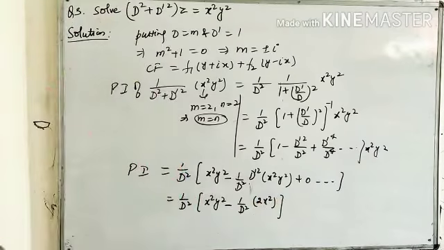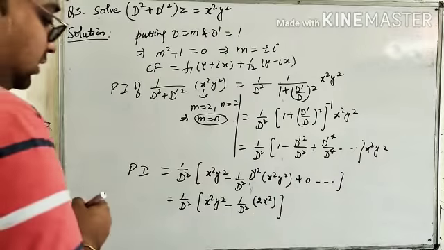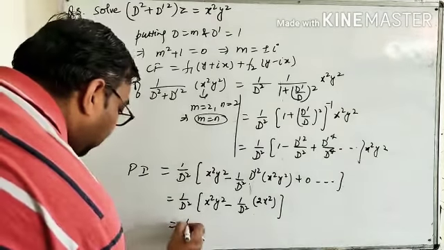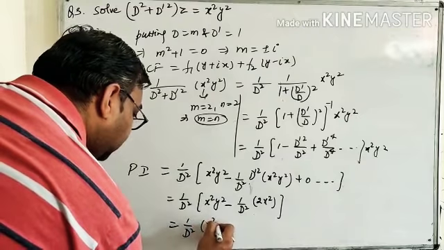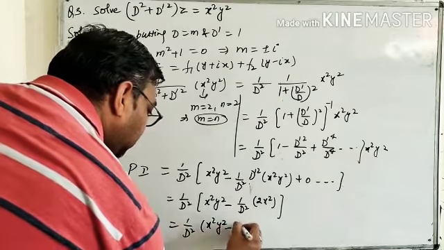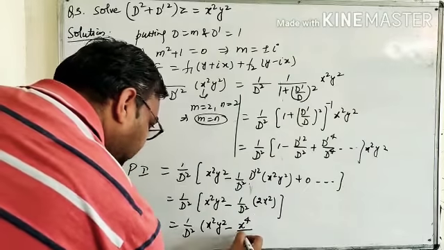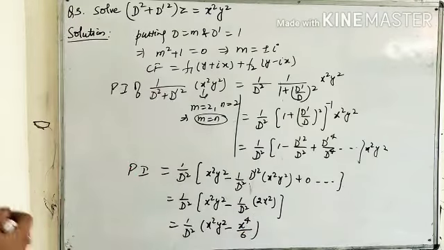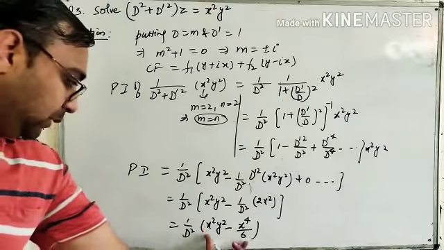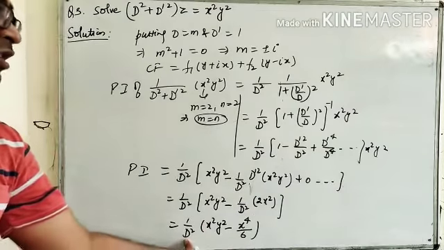Now 1 upon D square means integration with respect to x up to 2 times. So on integrating it up to 2 times, what do we get? x square y square minus x raised to power 4 upon 6. Now we have to integrate this entire bracket with respect to x up to 2 times.